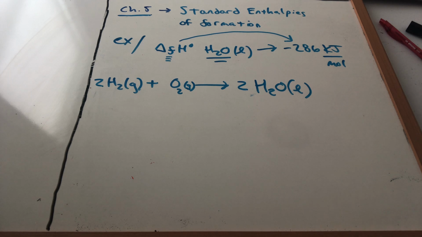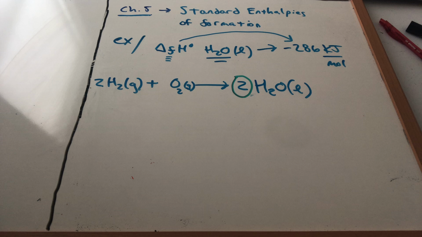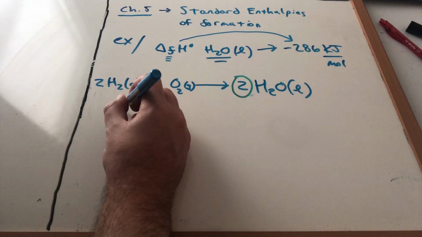If I look at this reaction, this looks like a formation reaction with one big problem. Remember, for formation reactions, we have to have a 1 there. So what I'm going to do is divide each and every coefficient by 2.